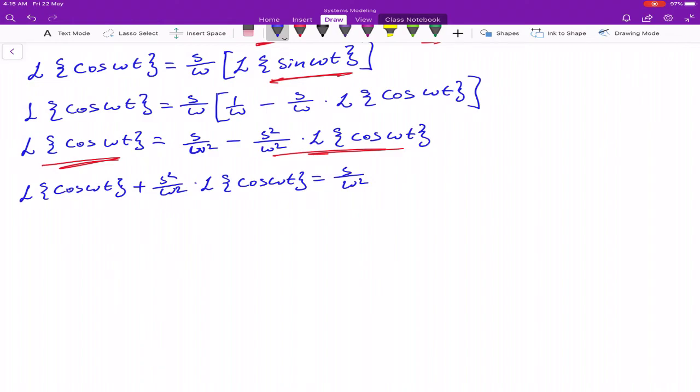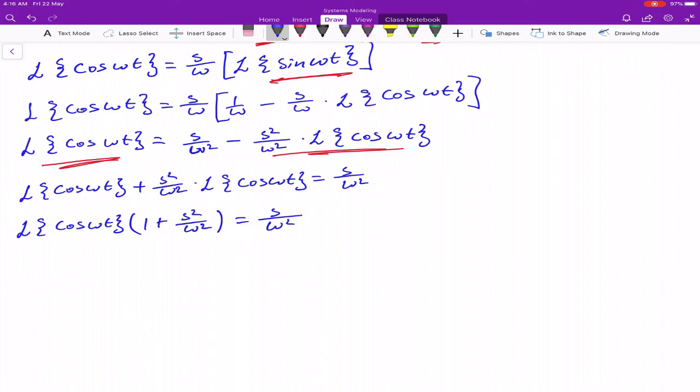Then I'm going to factor out the Laplace transform of cosine omega t. So we can rewrite this as the Laplace transform of cosine omega t times 1 plus s squared over omega squared is equal to s over omega squared.